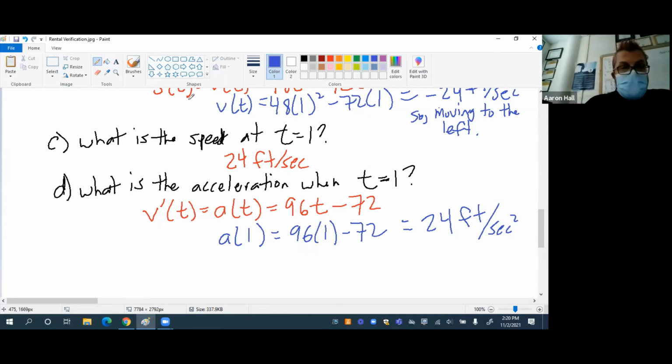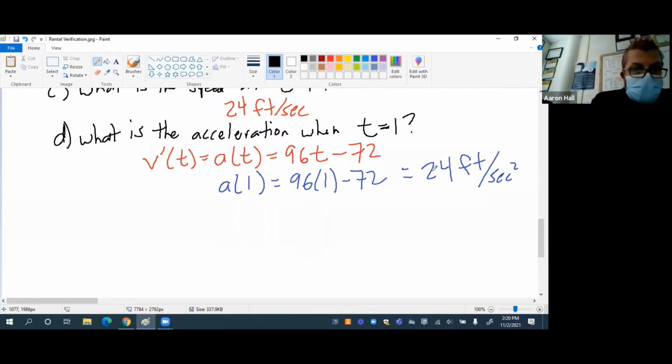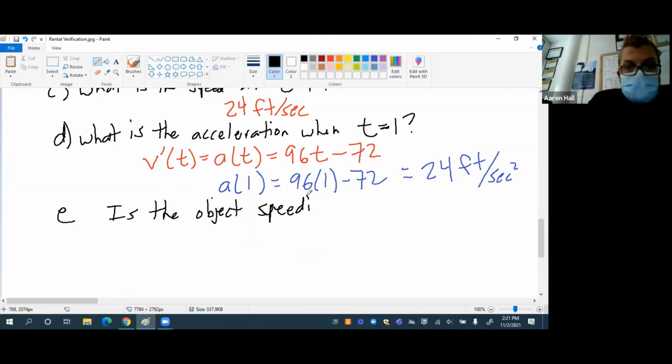All right, so A, B, C, D done, we're going to do a question E. Is the object speeding up or slowing down?